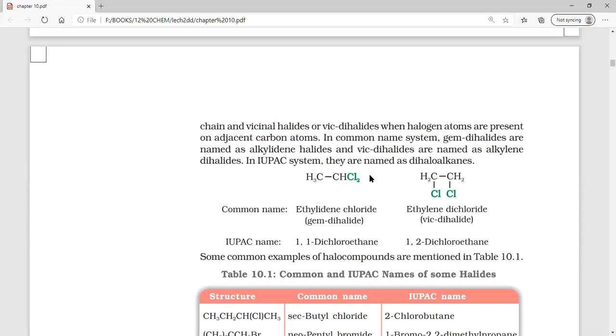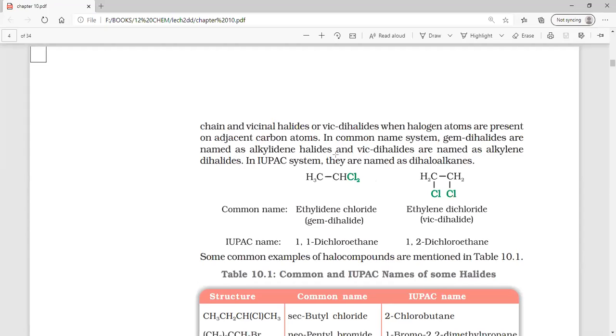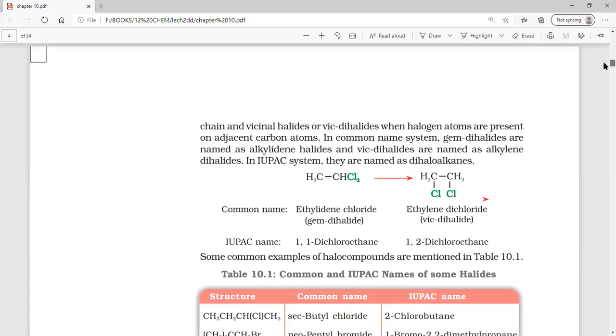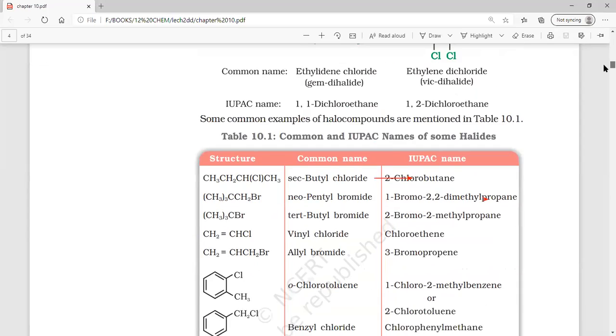So it rearranges itself to this molecule. So if the 2 chlorines are on 2 adjacent carbon atoms, we call them ethylene dichloride or vic dihalide, or 1,2-dichloroethane, else we'll call it 1,1.